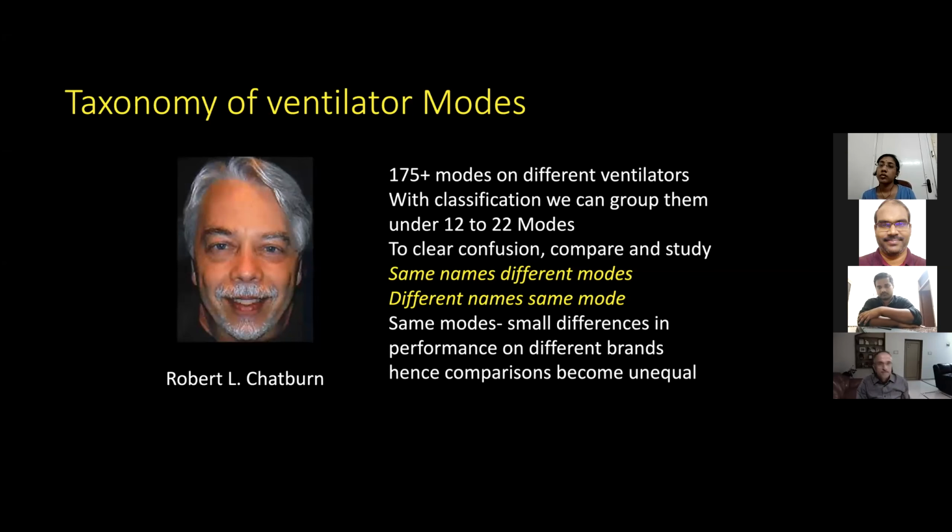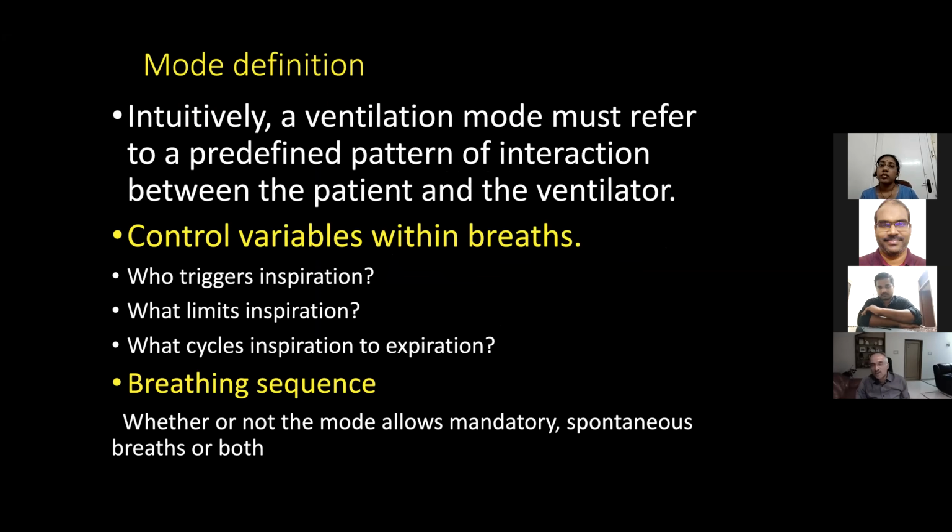Okay. So how do you define a mode? You can define a mode by two things. One is, what is the control variable within a breath? Meaning, who starts the ventilation, who limits the ventilation, and who cycles the ventilation from inspiration to expiration. This is one part. You have to analyze this first. Then you have to see what the breath sequencing is. Is there control and pressure support together?